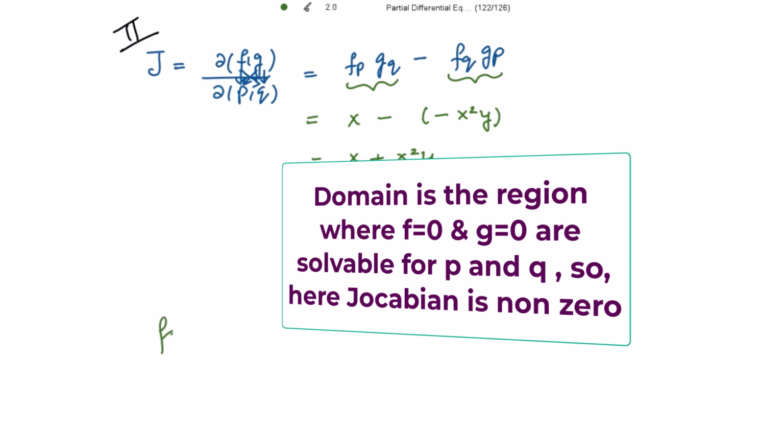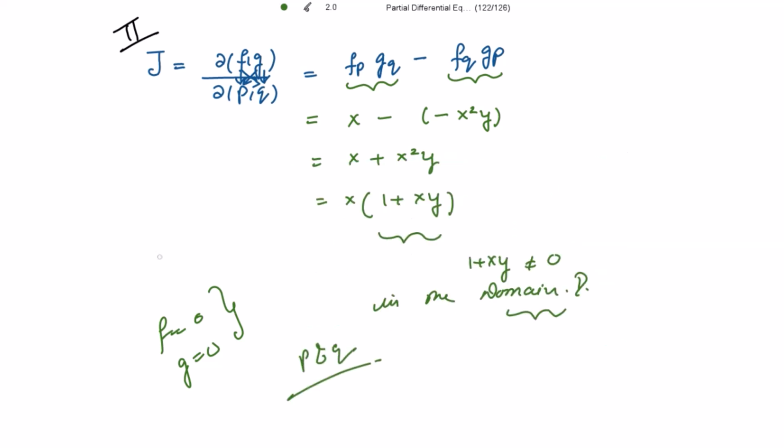It is where f equal to 0 and g equal to 0, these equations are solvable for p and q, and also where dz equal to p dx plus q dy is valid. So the domain is a region where this is valid, and also for these two equations p and q are solvable.